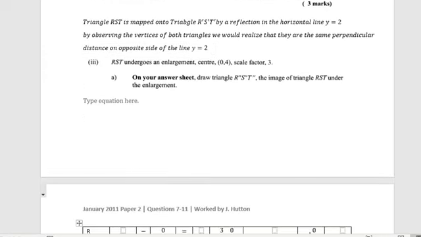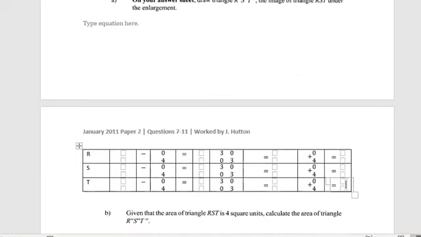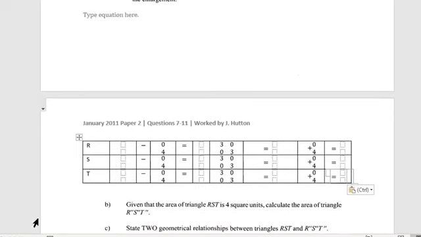First, we'll subtract the center they've given us, the 0, 4 coordinates, from the object to allow it to go through the origin 0, 0, and then we will multiply this by the scale factor that was given. So the matrix of enlargement for the scale factor of 3 would be 3, 0, 0, 3, and then we add back the center that we had originally subtracted. I've represented this in a table so that it doesn't take up a lot of space.